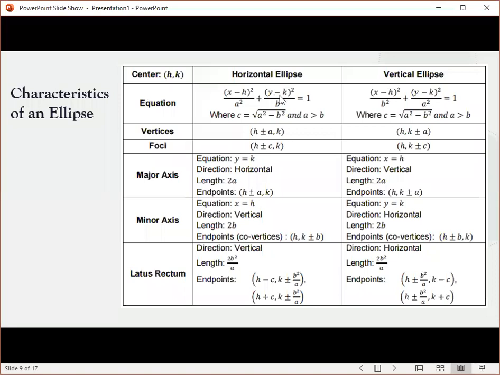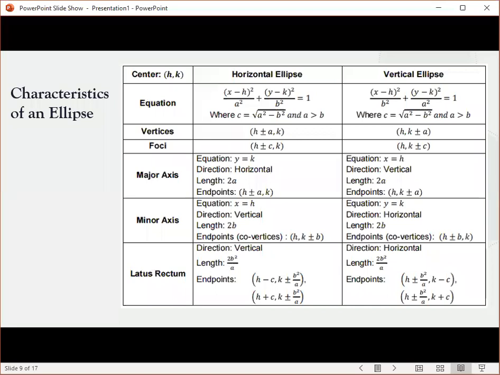So for example, if you have here x minus 1 quantity squared over 16 plus the square of y minus 1 over 4, this is equal to 1. So that's a horizontal ellipse. Why? The denominator on the first component, or the denominator of x, is greater than the denominator of y. Let me repeat that.